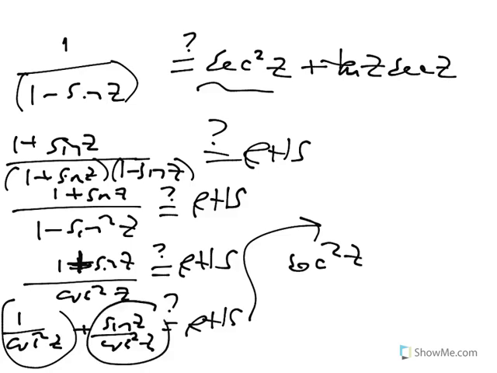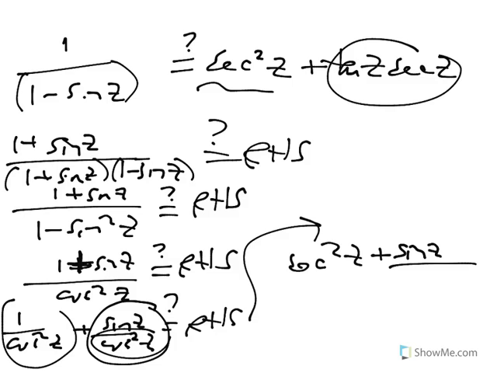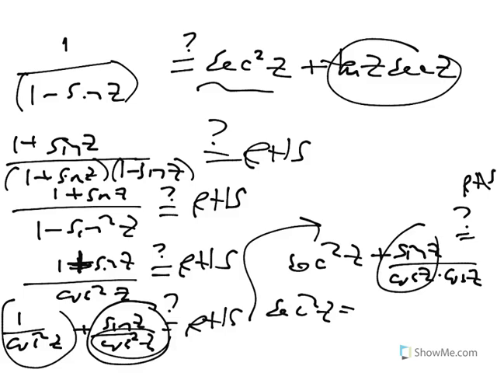And I look now at this sine z over cosine squared z and this tan z secant z, and I see I can also split up, I can change this cosine squared z into just cosine times cosine. That way I would have sine z over cosine z times 1 over cosine z, equals, I hope, right-hand side. And now we're finished, because the sine over cosine turns into tangent z, and this 1 over cosine turns into secant z.